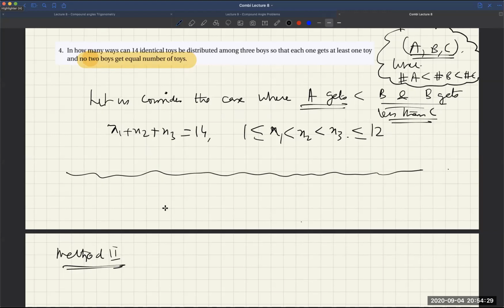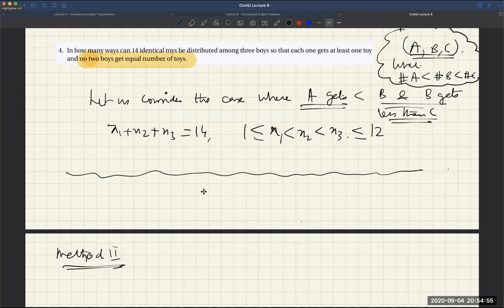Anant, you said something about an approach. What was your approach? Sir, I didn't say, Akshat said. Akshat, tell me. You got the total number of ways as 66, right? Yes, sir. How did you approach?